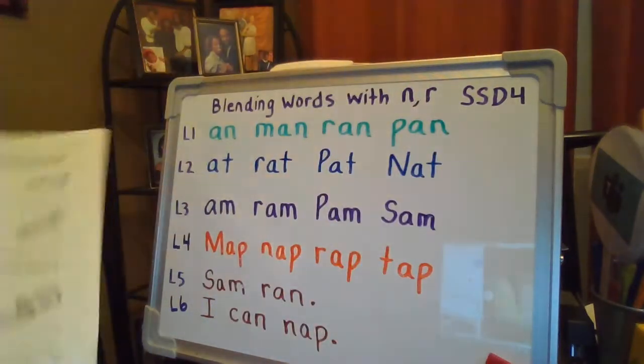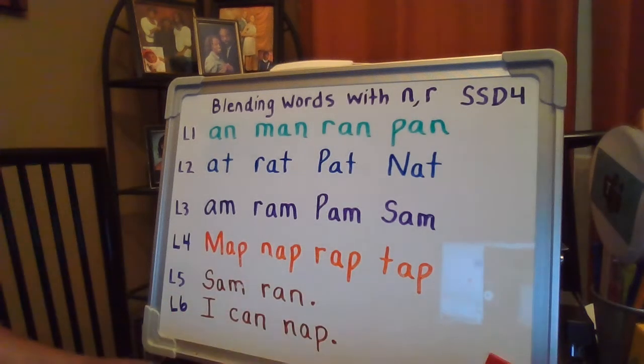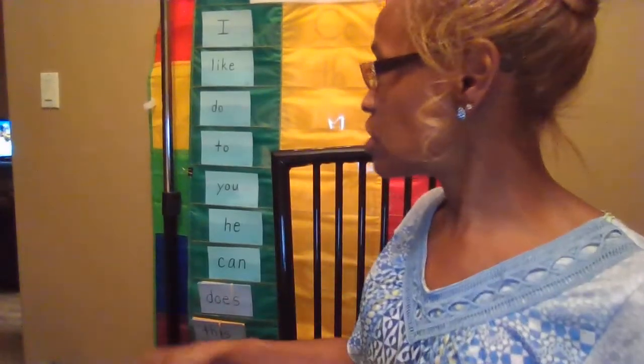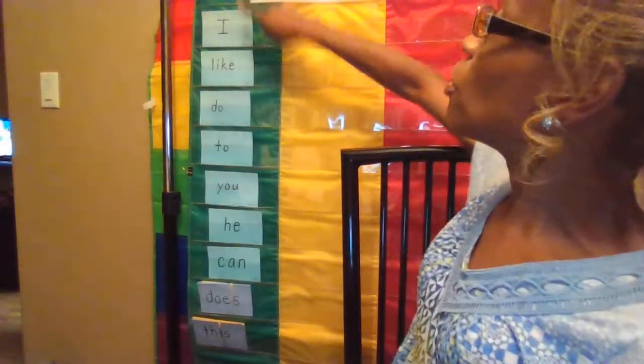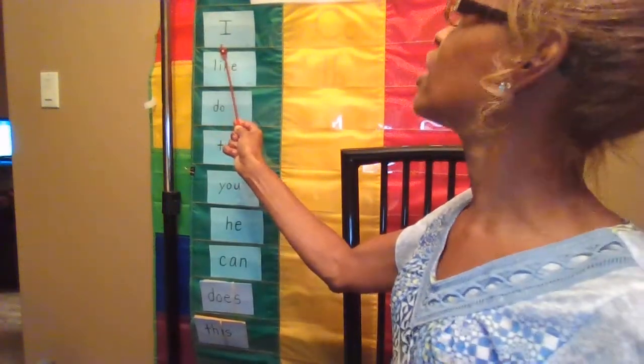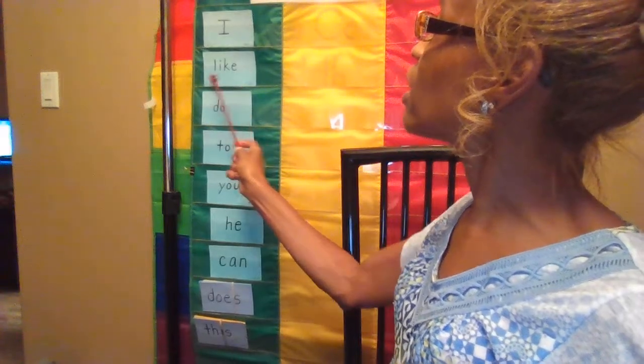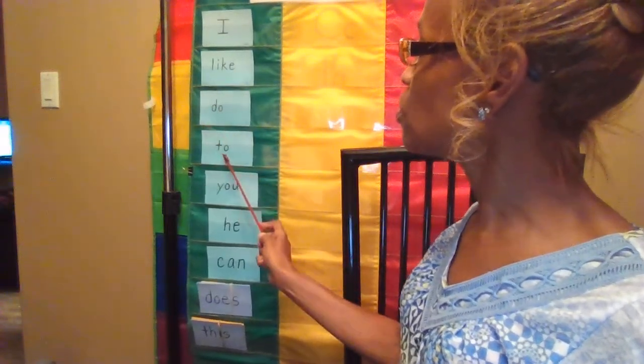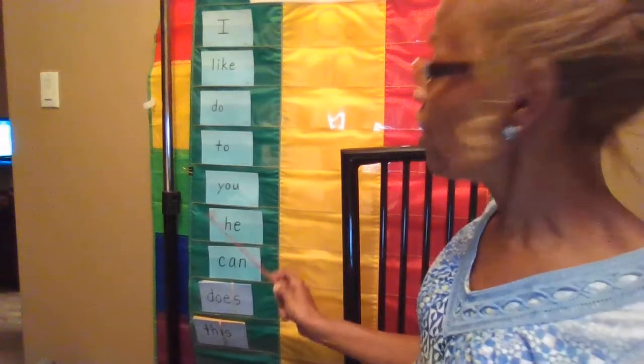Then, boys and girls, next we are going to go over our sight words, okay? So let's review some of the sight words we already learned. Hopefully you can see the ones that I have. So we went over I, like, do, to, you, he, and can.